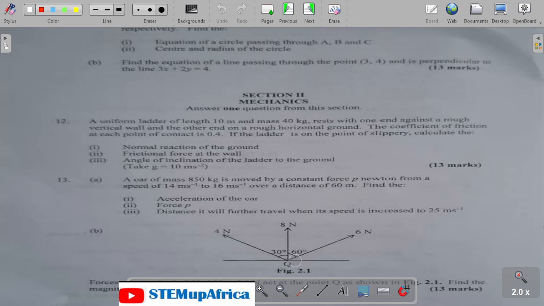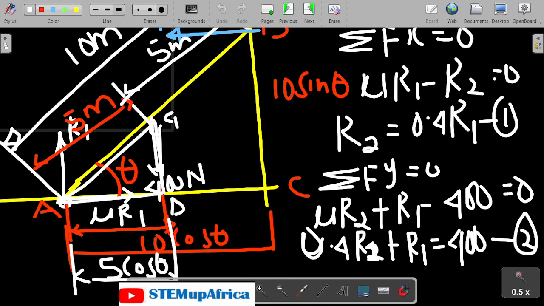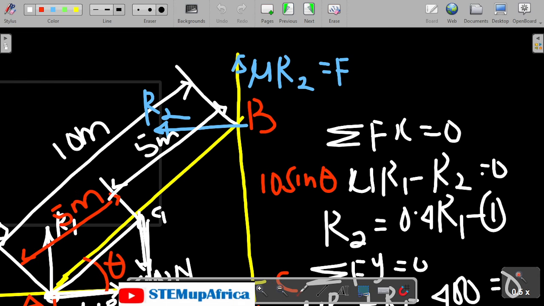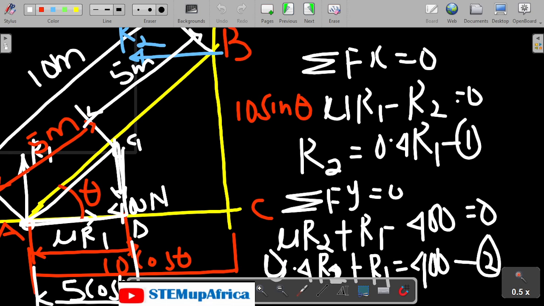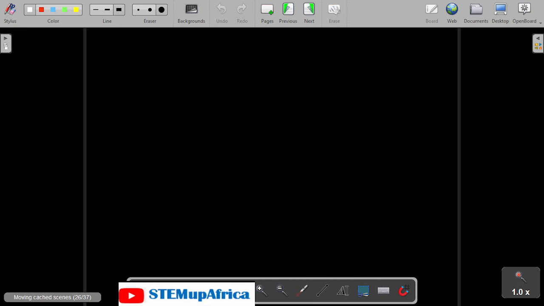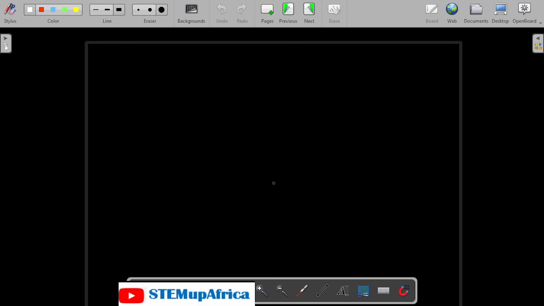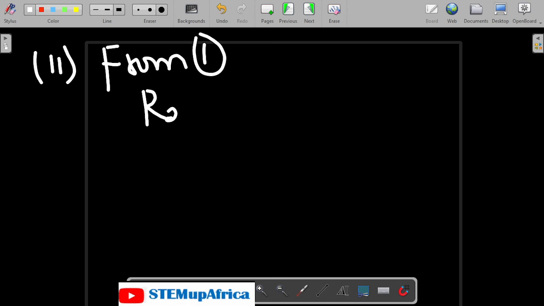Find the frictional force on the wall, which is our mu R2. So I need to get R2 by putting the value of R1 into equation 1. From 1, our R2 is 0.4 R1.